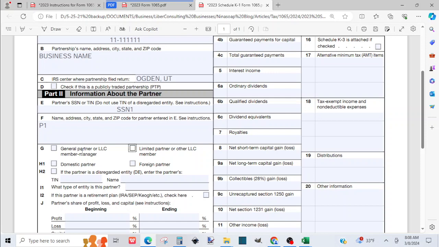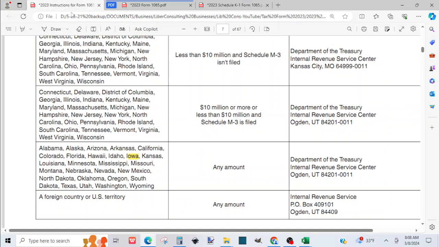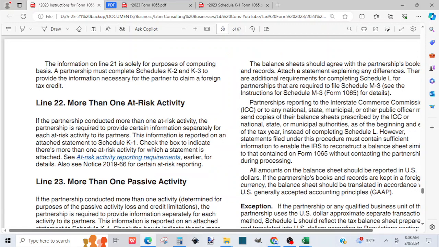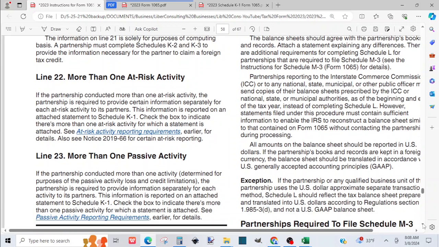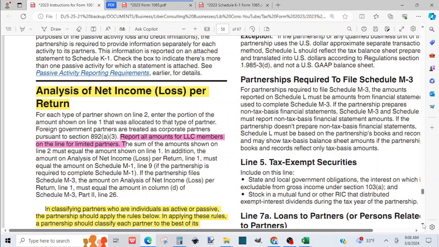And LLC members that are working in the business, managing the business, check box G for it. But again, it's going to affect how your Schedule 1 will be completed.